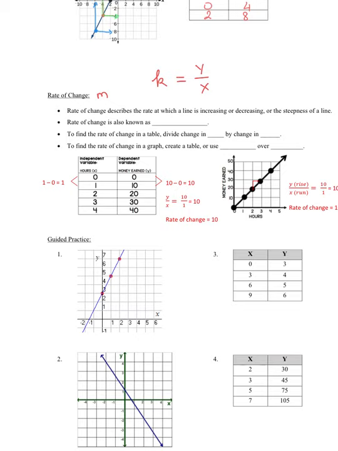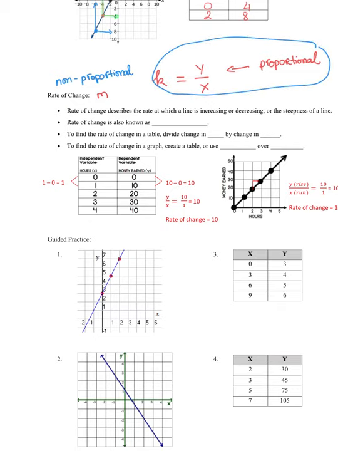Okay, K is when we find K is when this one is proportional. So for M, when we need to find it, in the case of course, different, right? Non-proportional. If it is proportional, we can use K equal y/x.